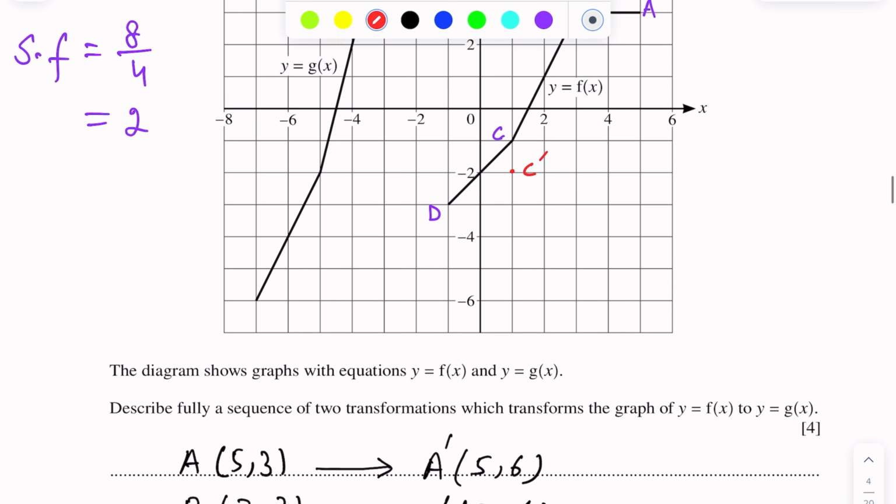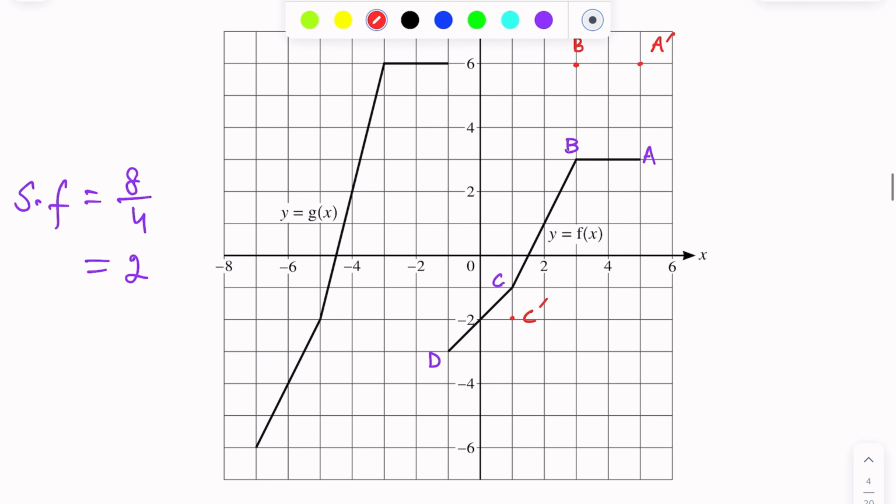D dash is (-1, -6), which is here. This is D dash.